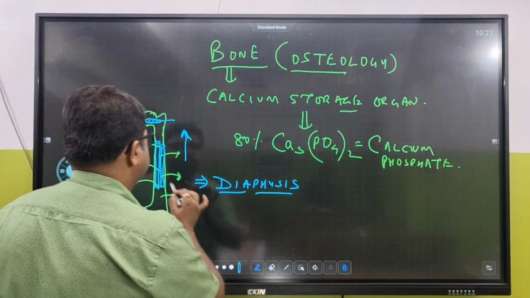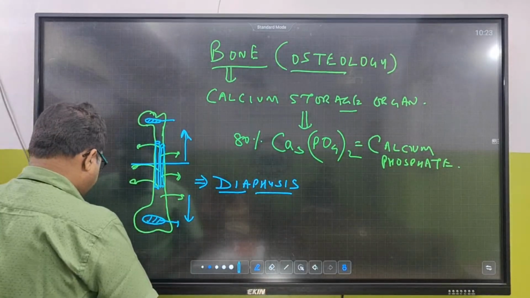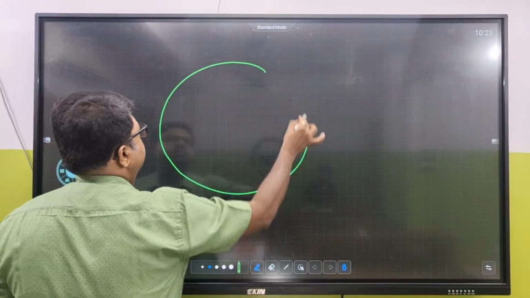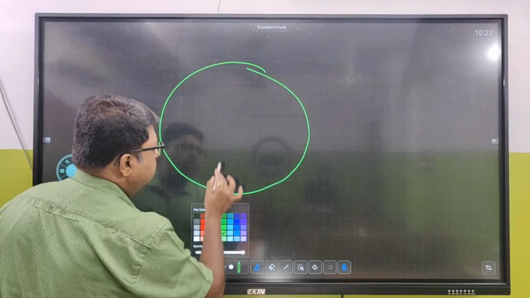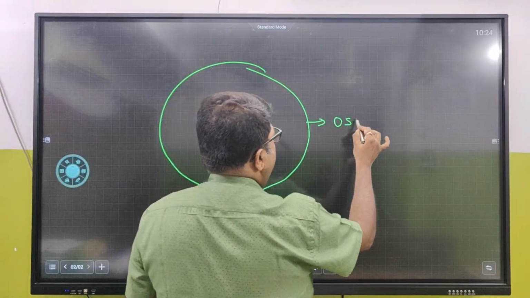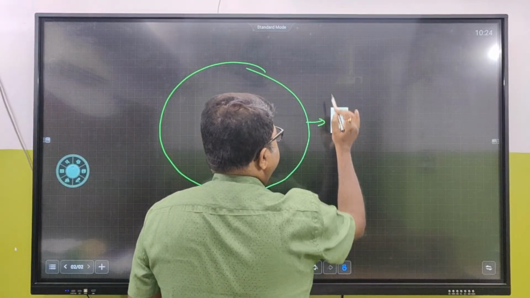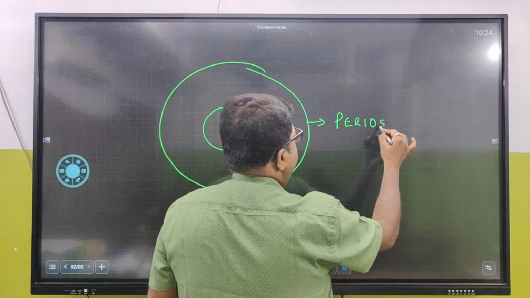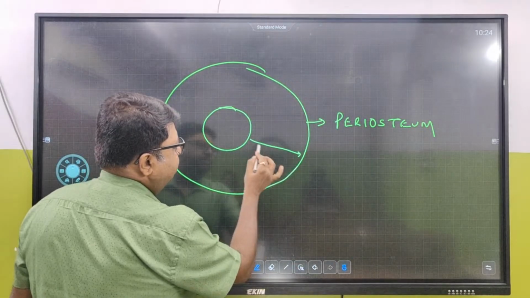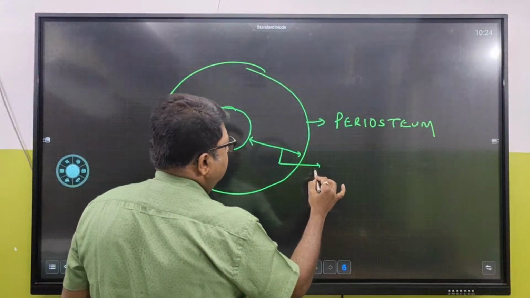Now, when we cut a section of the bone, this is the external part of the bone which is called periosteum. The outermost covering of the bone is called periosteum. And then this part to this part is called compact bone.